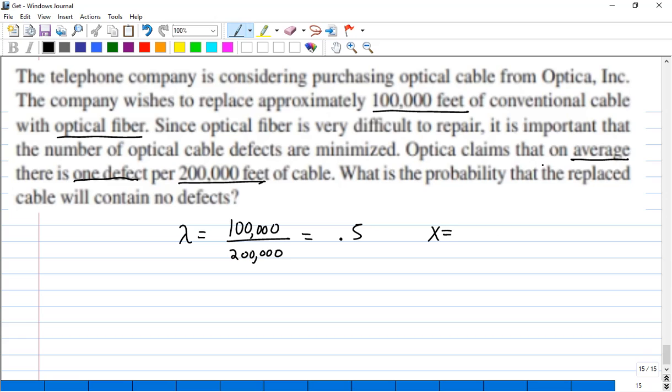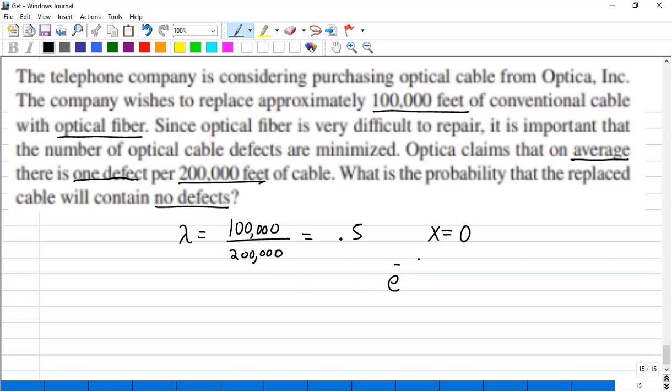The reason why it would be hard to do this is probably because of the, let's see, we want the number of defects to be 0. Right? And then what we want, no defects. So what would that be if I plug those in my formula?